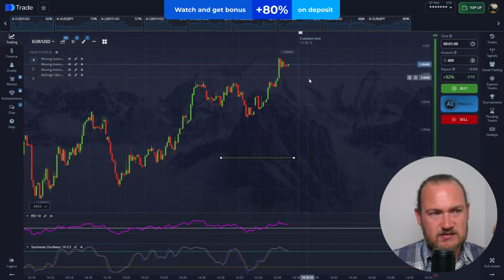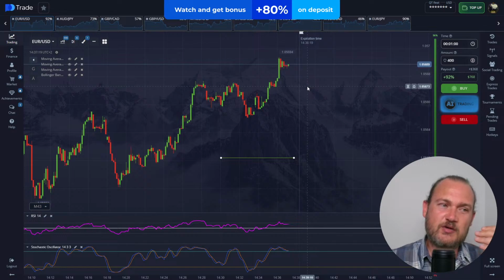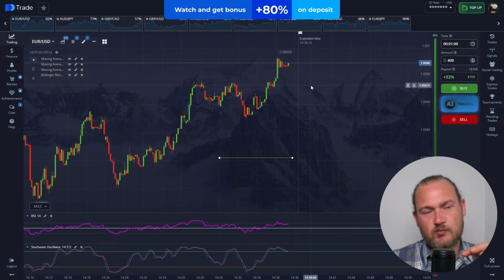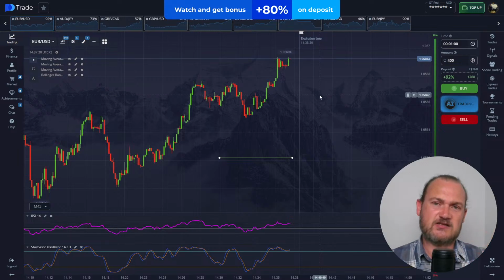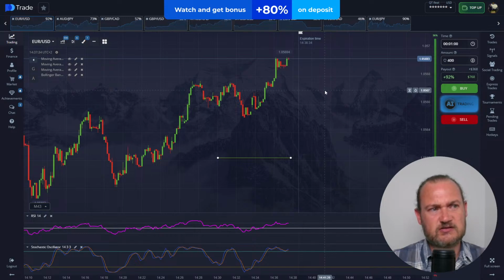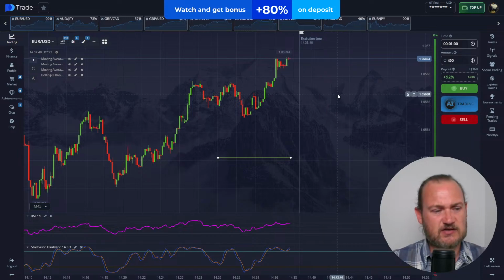So that's one of the nice things about divergence. With a little bit of practice, you can start to see it form before it actually does. It doesn't mean it will always form. So please don't get into the habit of thinking it's going to form and then taking trades before it has formed. Quite oftentimes, I will see that it's being set up, but it just never makes divergence.